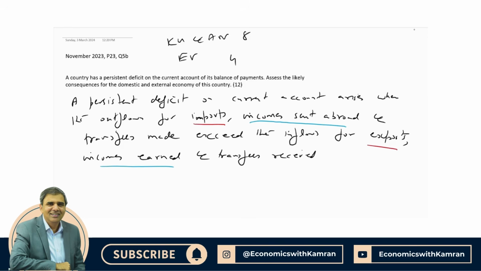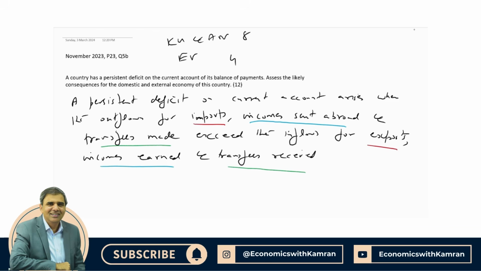The fourth section is transfers made and transfers received. Transfers are those payments which we do not earn but we receive them, like pensions, donations and aids. These are the four sections of current account, and a deficit means that the combined outflow of all these four sections is more than the combined inflows.